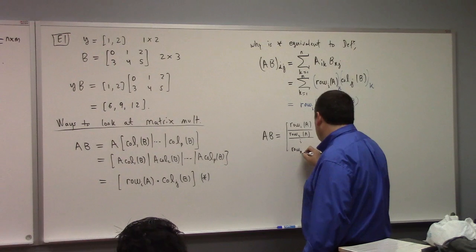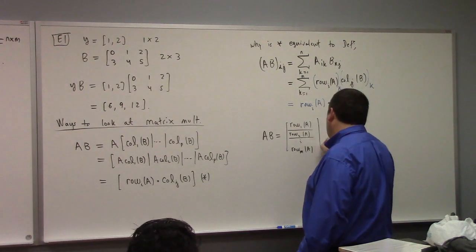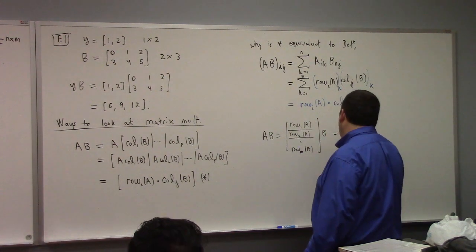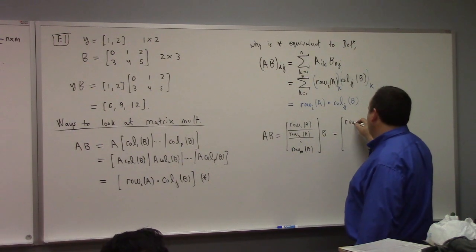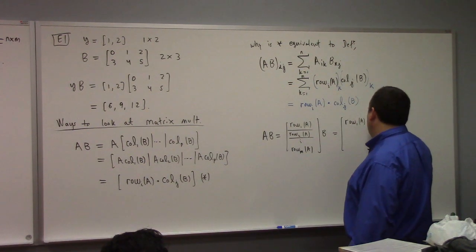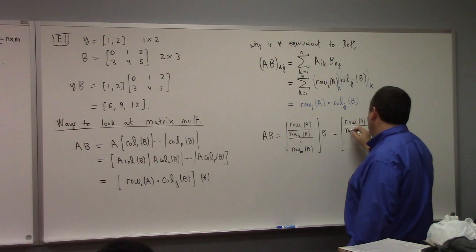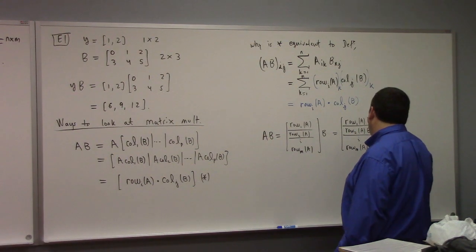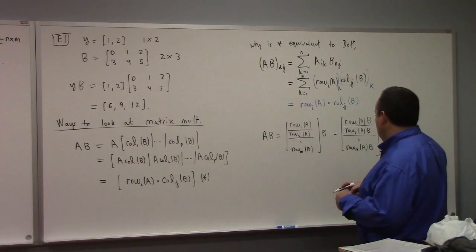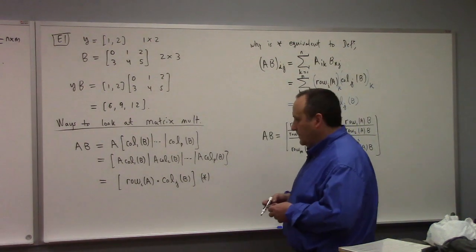M, as in mummy. That times B, and that's going to be row 1 of A times B, row 2 of A times B, row M of A times B, right? I mean, that's got to be what the rule is.